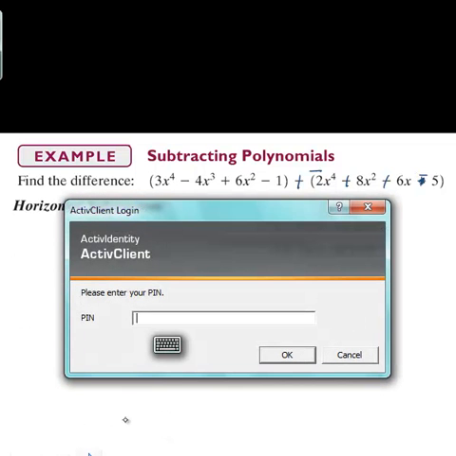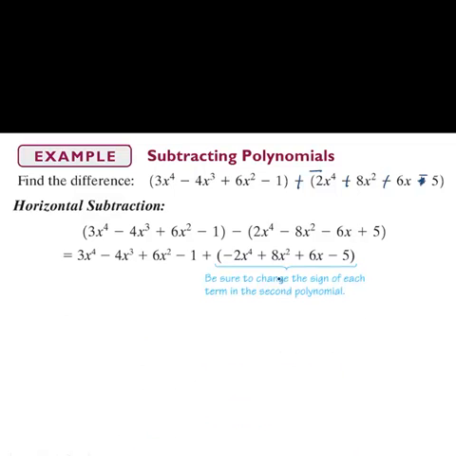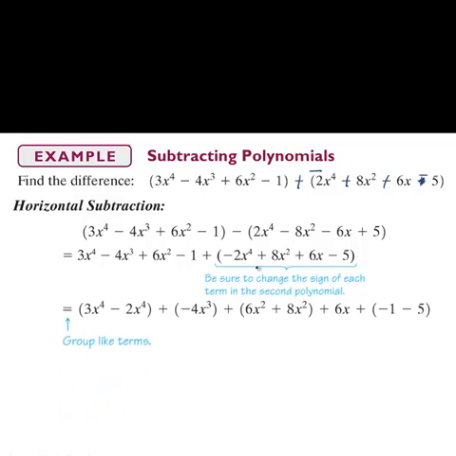So let's go ahead and do the subtraction. You do it by like terms. You line up your x to the 4th terms together after you've taken the negative of the second polynomial. Get your like terms together. Your 3x to the 4th plus negative 2x to the 4th, and so forth.